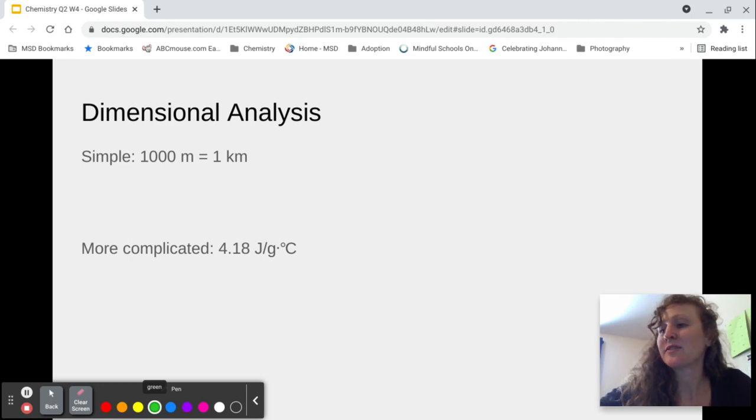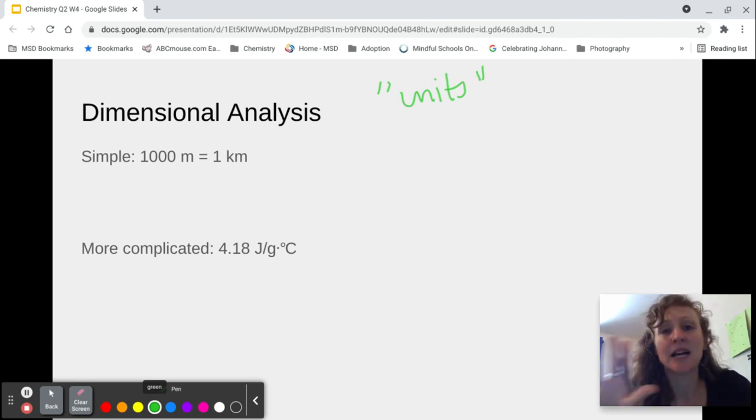In science, for ages, you have talked about dimensions, but you probably haven't called them dimensions. What you've called them are units. And so dimensional analysis is analyzing a situation based on the units that are present, or letting the units lead us through our question or to our answer.